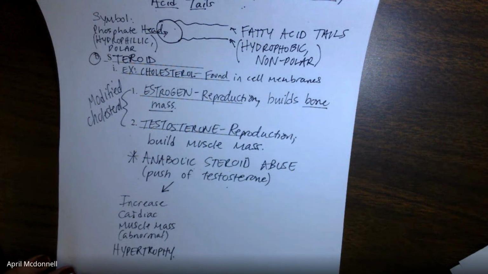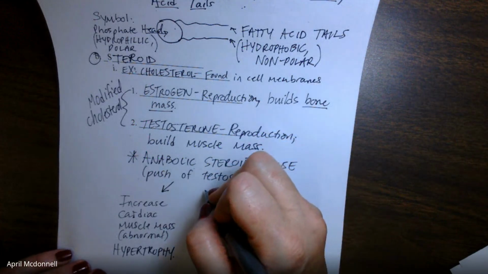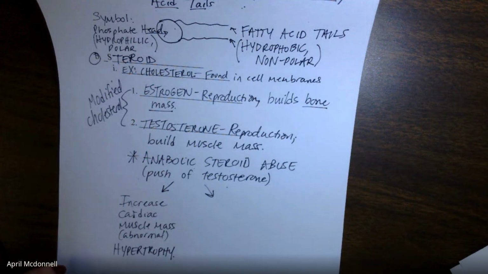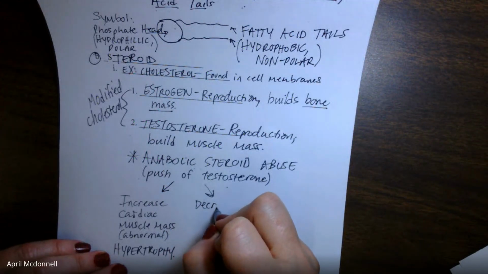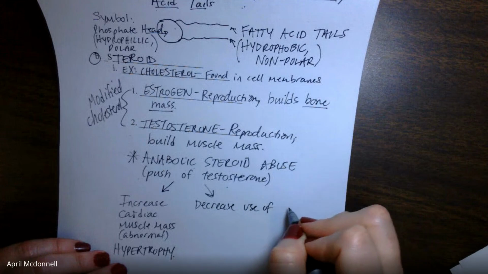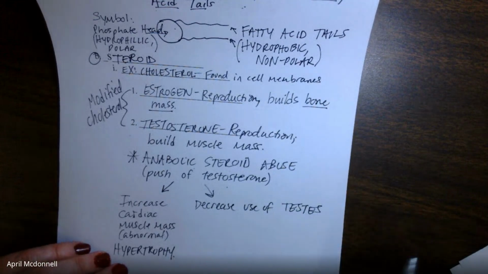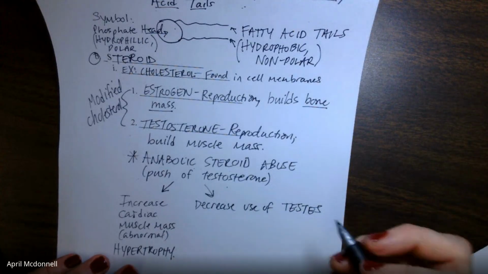So basically, if an individual abuses anabolic steroids, they are at risk for their heart to hypertrophy, which throws off the structure of the heart and can get in the way of blood circulation and affect blood pressure and all sorts of other things. On the other hand, anabolic steroid abuse may also decrease the use of testes. The testes are an organ seen in males that produce sperm.